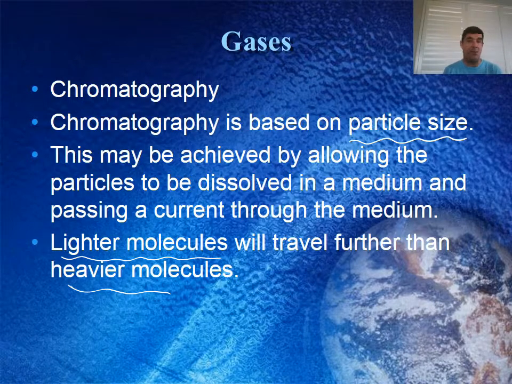They have a greater inertia, and so they don't tend to move as quickly. So we see in our chromatography a series of bands corresponding to, for example, the different colors in a texta, the different colored pigments in a leaf, or the different gases in a mixture of different gases.